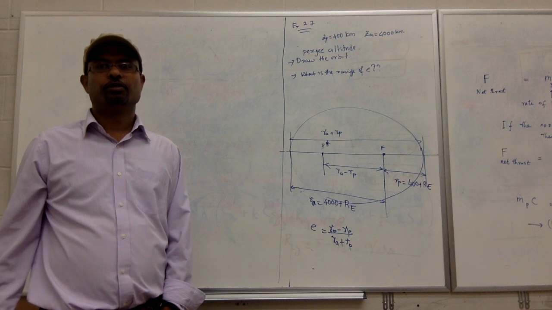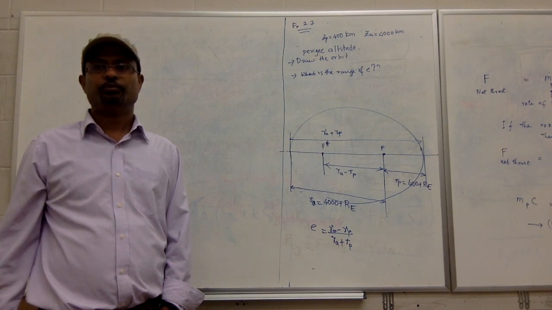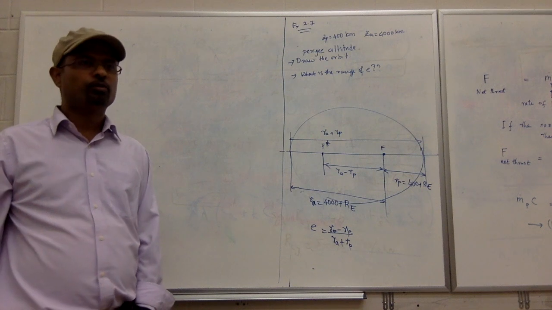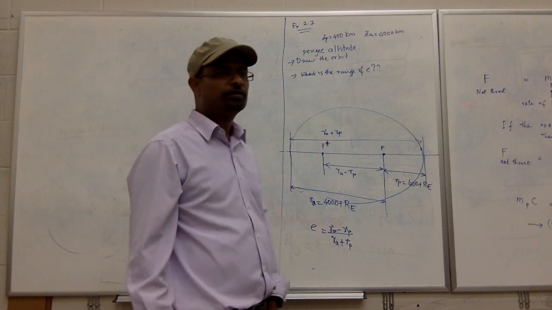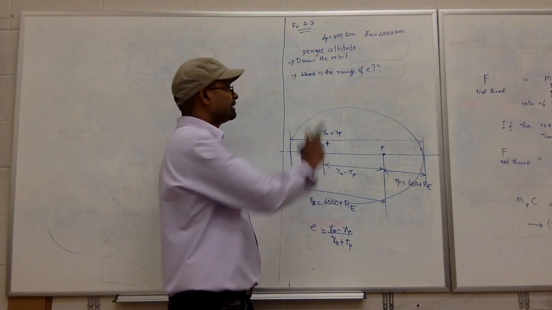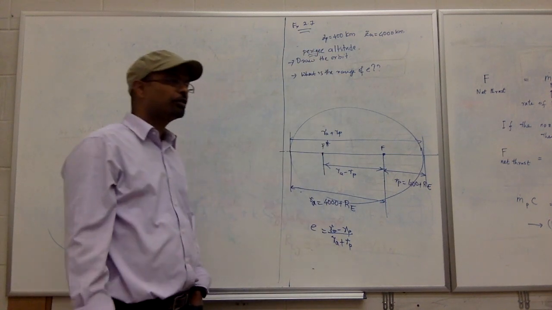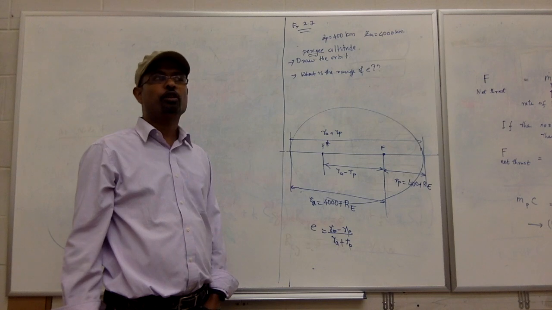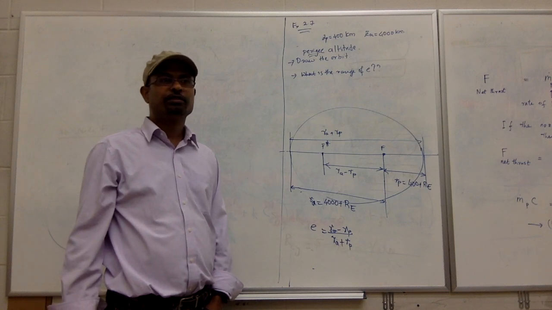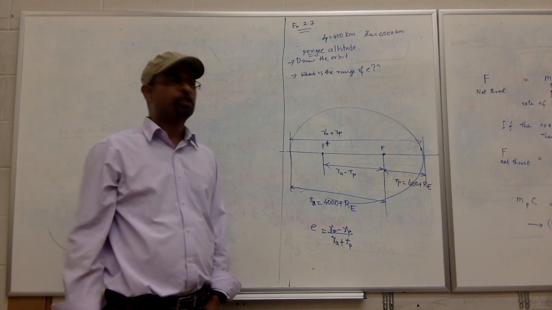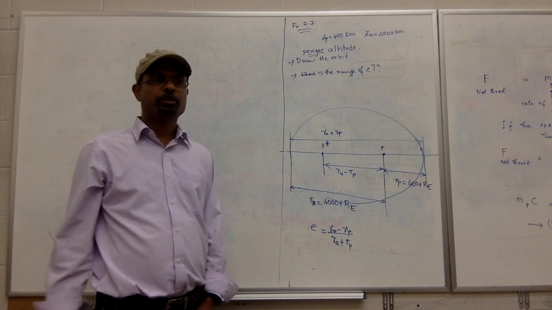Is that semi-minor? Or is it RP? What does it say about the orbit? It's elliptical, and the focus is the Earth. It's an Earth orbit. Does that make sense?